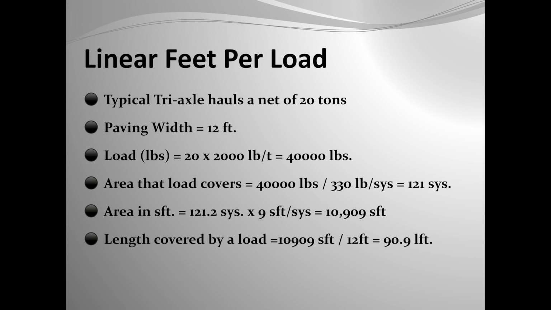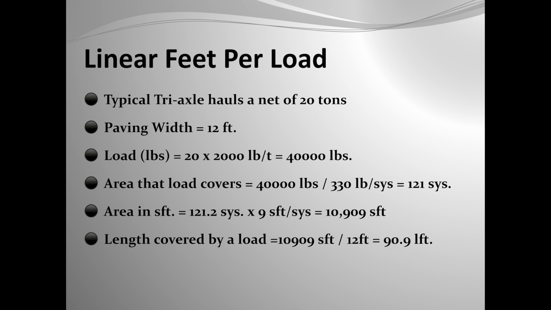You know that an area that load covers, based on the givens from the previous couple of pages, is the 40,000 pounds divided by your 330 pounds per square yard. And you get that the total coverage of that load is 121 square yards. The area in square feet is 121.2 times 9 to basically manipulate that from square yards to square feet.